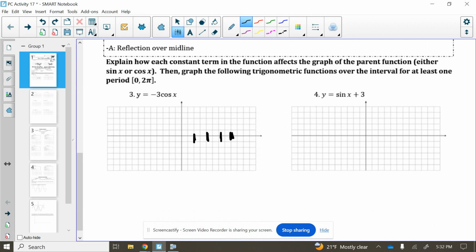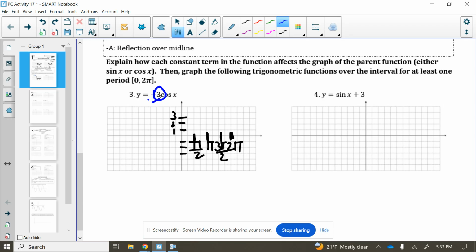So for instance, on this first one, the reflected cosine graph, we are always going to repeat by the time we get to 2 pi, and each time we're going up by pi over 2 as our scale on the x-axis, and we could just say we're going up by 1s on the y-axis. Now for our cosine graph, we normally would start at the maximum value. In this case, if our amplitude is 3, we'd be 3 units above our midline at y equals 0, so we'd start at 3.